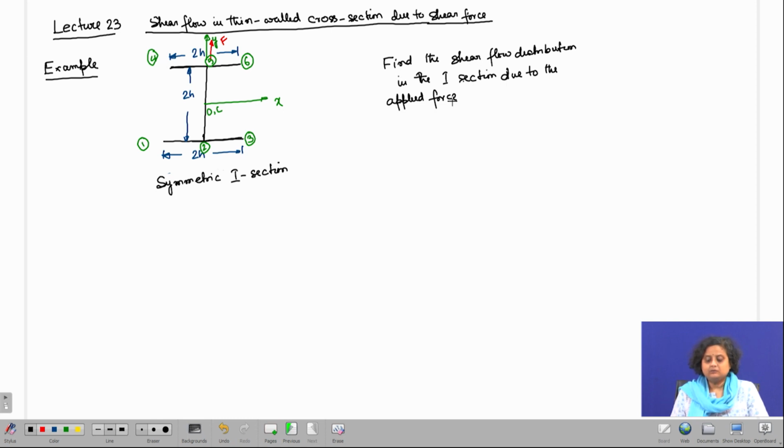So, if I try to summarize what the problem has said, we know therefore Sy is equal to F and there is no shear force applied in x direction. So, Sx is going to be 0.